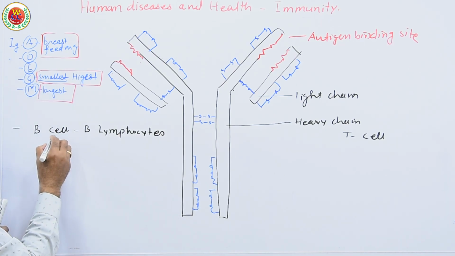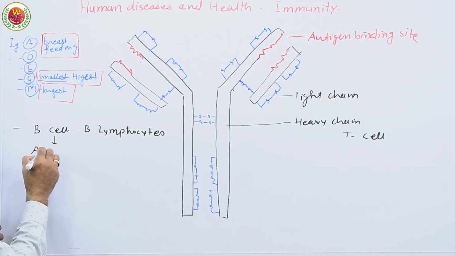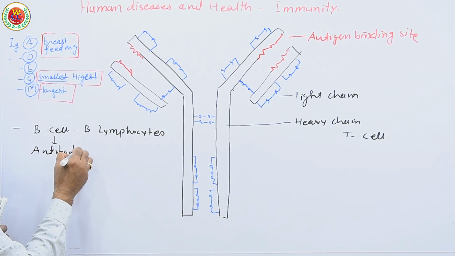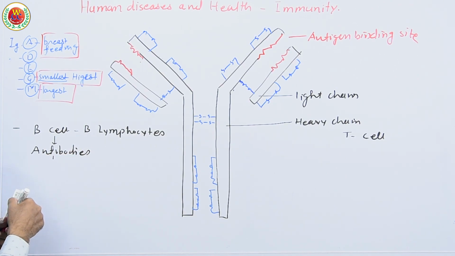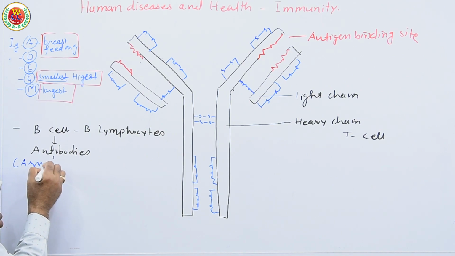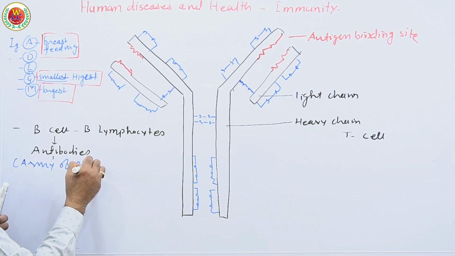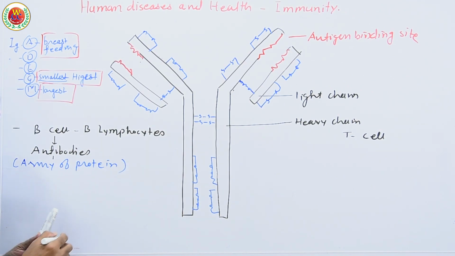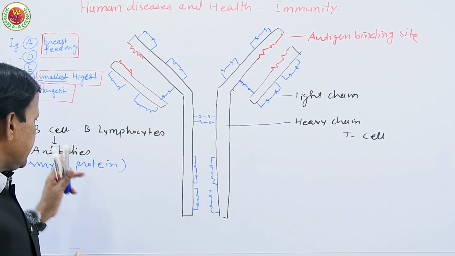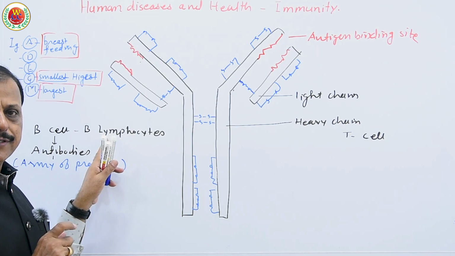These B lymphocytes produce antibodies. These antibodies are nothing but that army of protein. They are also called army of protein. They fight against specific antigen, destroy specific antigen, and therefore this is a specific immunity.